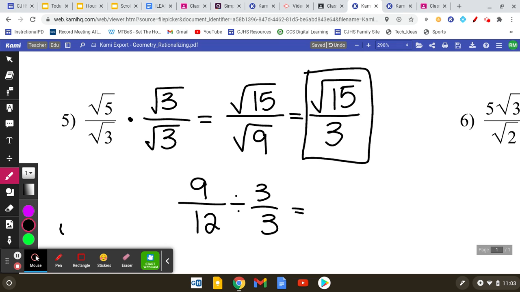No. If we did, nobody remembers it. Maybe we should make it from high school. No. If I need to simplify 9 over 12, how do I simplify 9 over 12? Divide by 3 on the top and the bottom? Yeah. Well, you're dividing by 3 over 3, which is 1. Yeah, but I didn't know that you could do that.